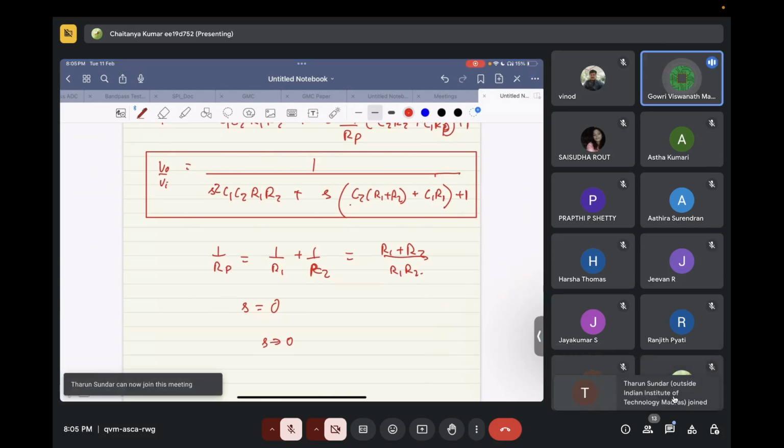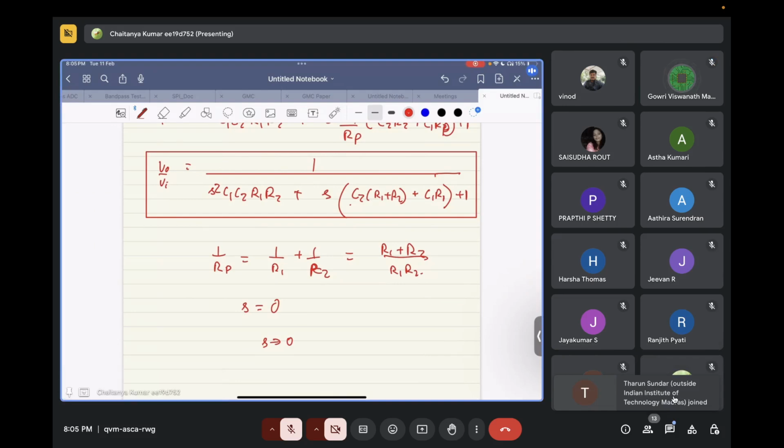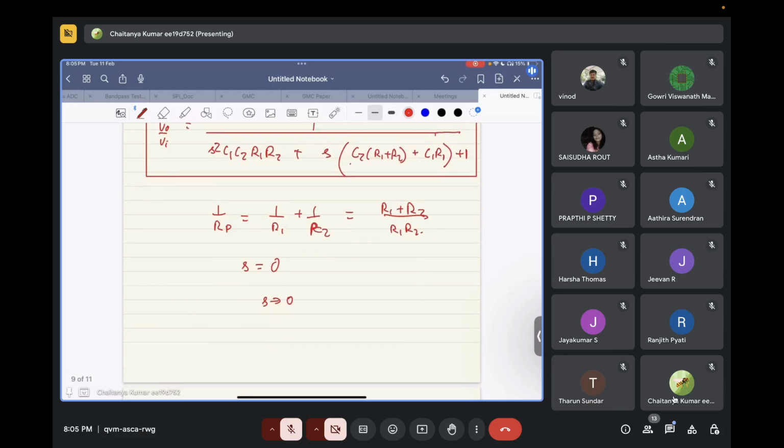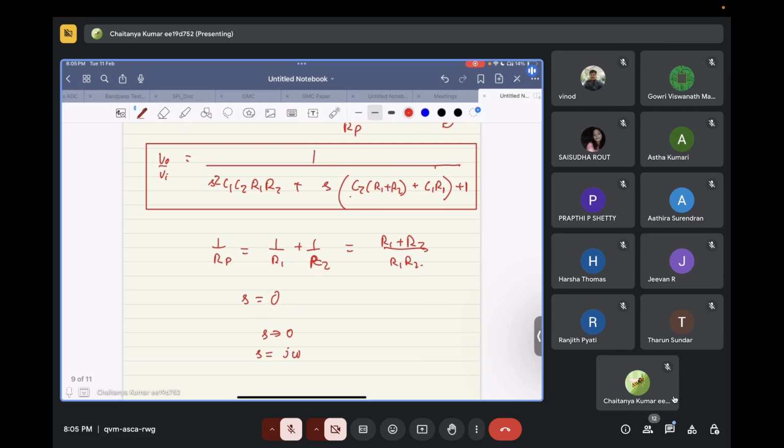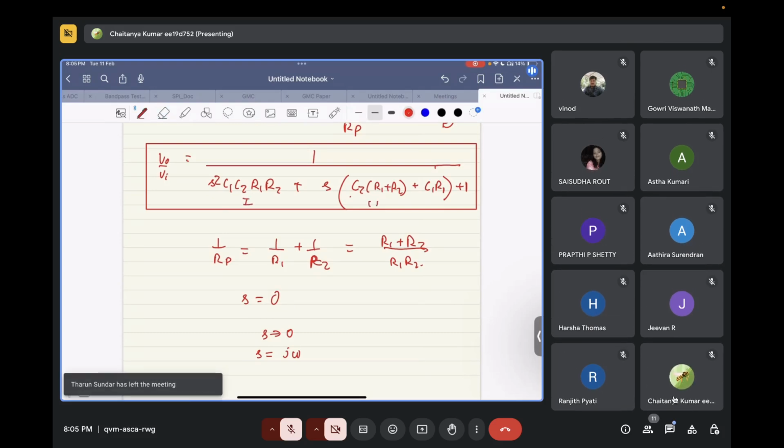You have s square, you have s, so you have three terms in the denominator, right? First of all, s can be replaced by j omega. This everyone knows, right? So if omega is tending to 0, which term out of these three terms can be neglected?